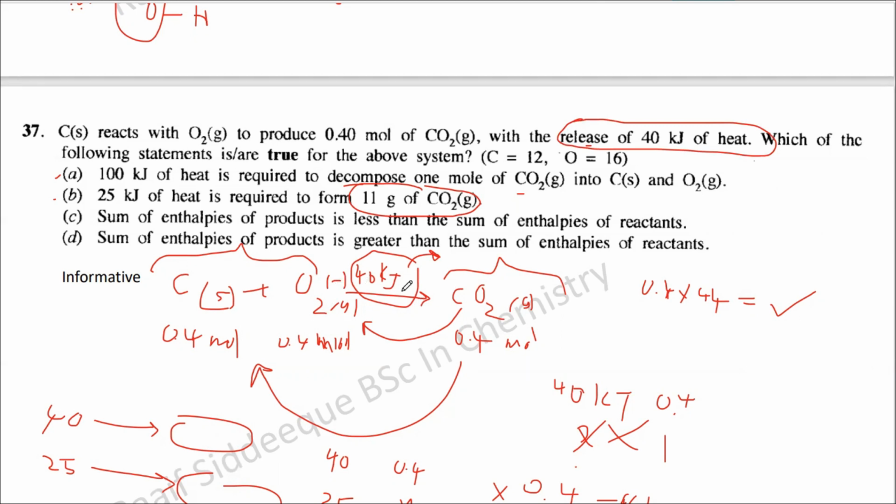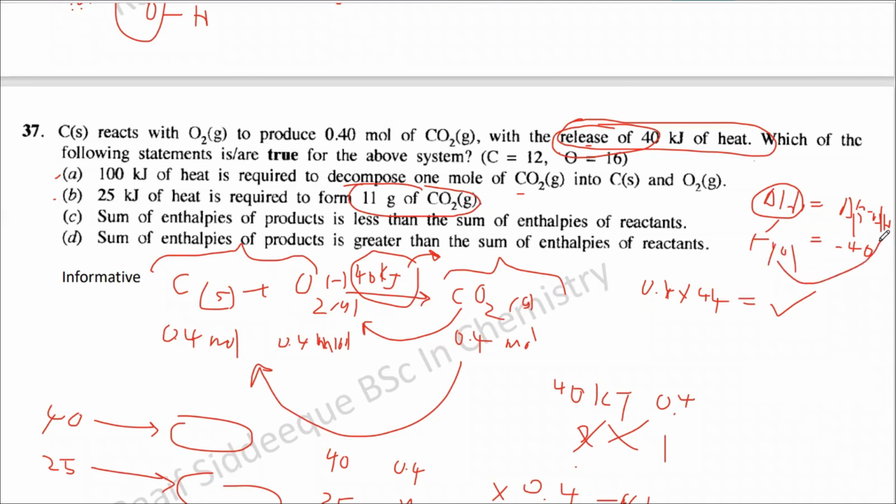So when you do the enthalpy calculation, delta H is the delta H of the formation of the product minus delta H of the formation of the reactants. The reactant formation is 0. So the product enthalpy should be a negative value, negative 40 in fact. That is when this delta H becomes negative, as they have given in the question. It releases 40 kilojoule. So automatically you see the product enthalpy is a negative value, right? And this is 0.